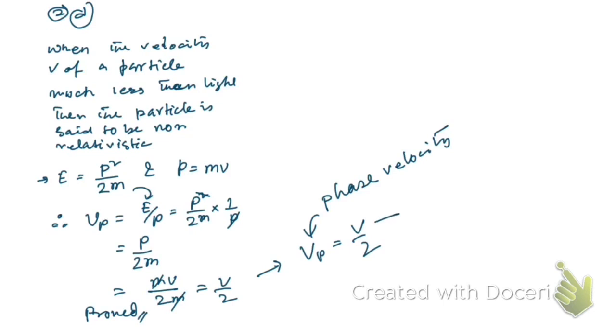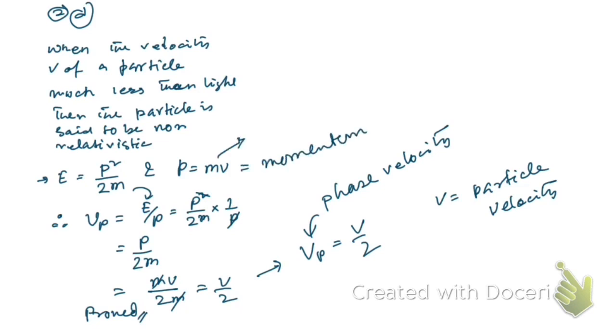So v is the particle velocity, p is the momentum, and m is the mass. Hope you know these things, and mention them in this proof.